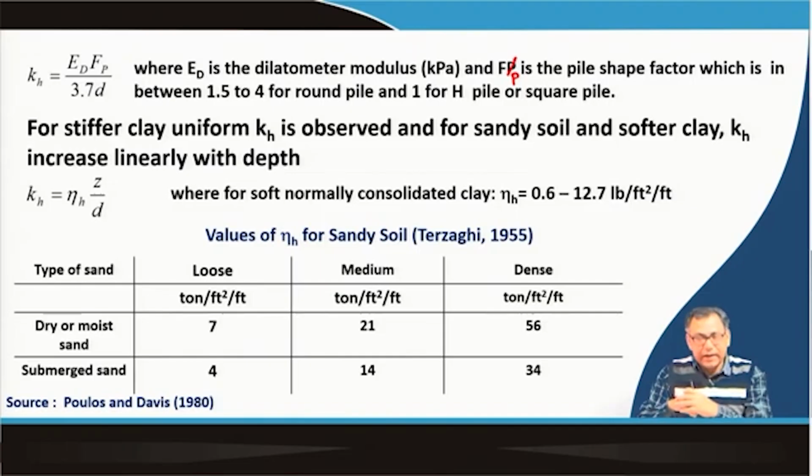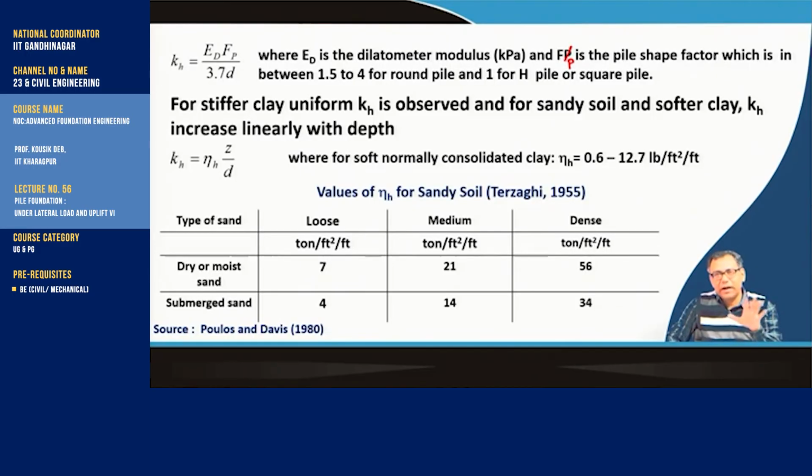Now, as I have discussed in previous classes also, for granular soil we assume that the kh value changes with depth, but for cohesive soil the distribution of kh is uniform along the depth.